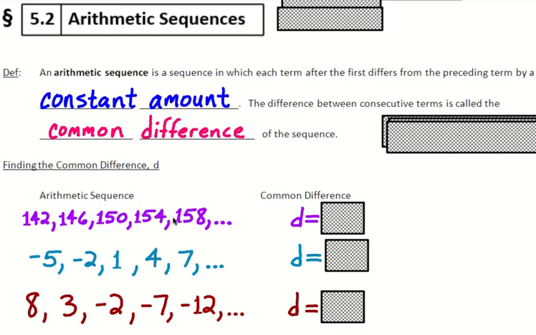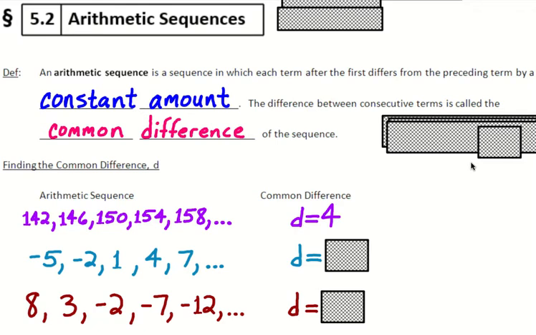So the common difference of this purple sequence, 142, 146, 150, 154, 158, and so on, the common difference, d, is 4.